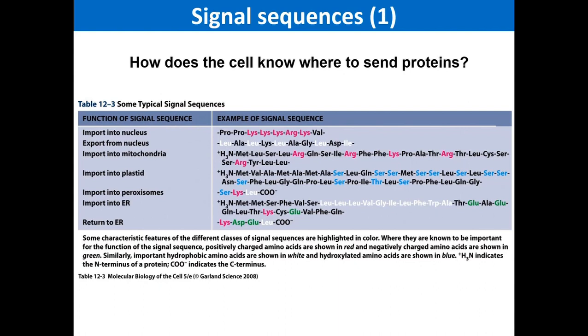So here, for example, you see the Lys, Arg, Lys sequence, which will direct the protein towards the nucleus, export from the nucleus, import into mitochondria, and so on and so forth. You don't have to know them by memory, of course, but it is important that you do know that they are there, that the movement of a protein between the different compartments of the cell is not happening by random, but is directed by these sequences.